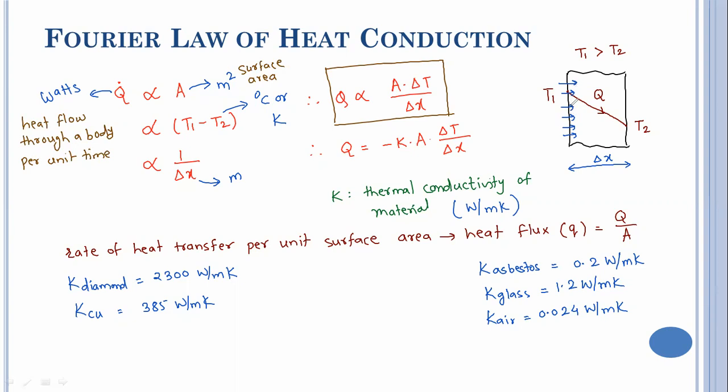That you have to remember. Then it is also directly proportional to the temperature difference, and it is inversely proportional to the thickness of the body. So you can write this. To remove the proportionality, the constant is K. K is called the thermal conductivity of the material.